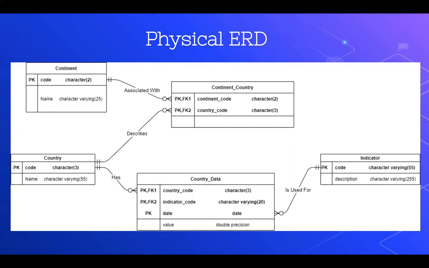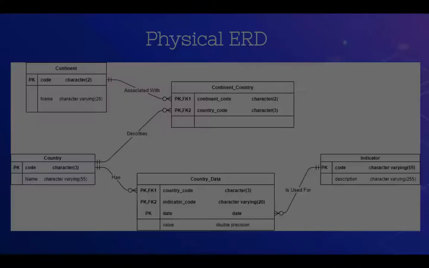The continent country table is connected to the country table by way of country code. The country data table is connected to the country table by the country code foreign constraint. And finally, the indicator table is connected to the country data table by the indicator code.